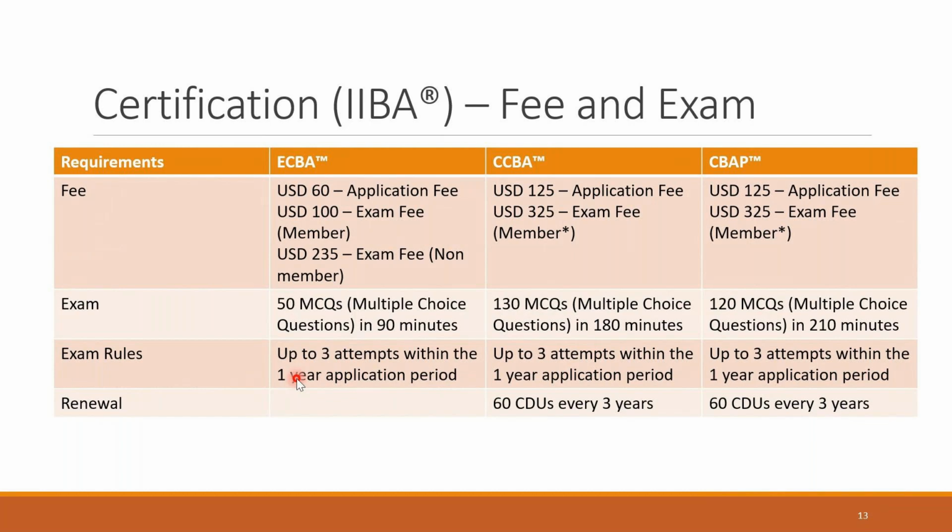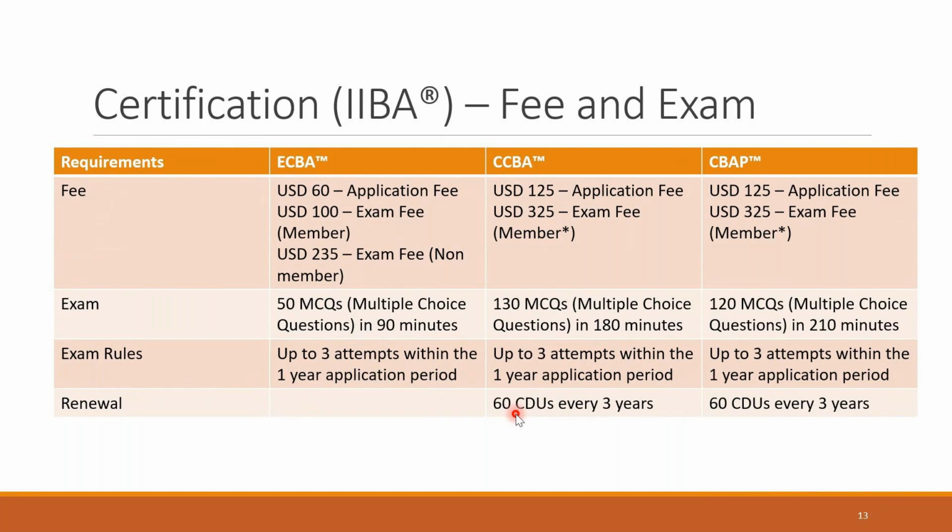For ECBA, as of now, at least there is no renewal condition. For CCBA, you need to accumulate at least 60 CDUs every 3 years to renew your certificate. That is, your certification will be valid only for 3 years. After 3 years, you need to renew your certification.